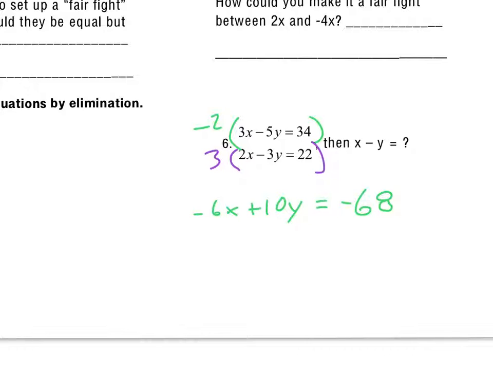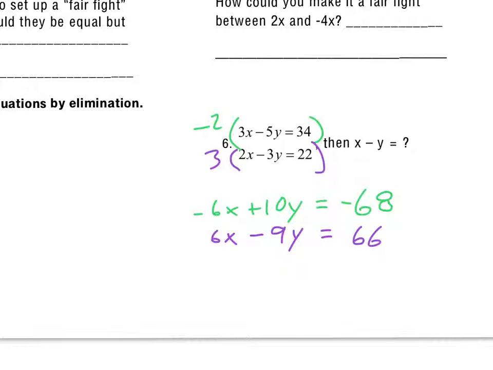And as for the bottom equation, if I multiply the whole thing by 3, I'd have 3 times 2 gives me 6x minus 9y, because 3 times negative 3 is negative 9, equals a positive 66 down here.